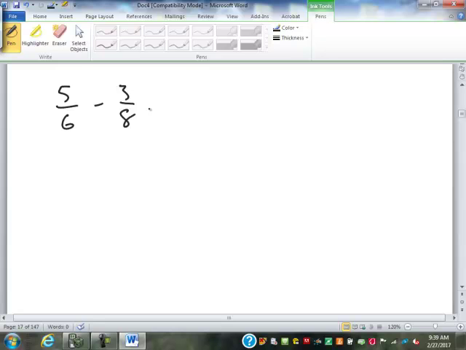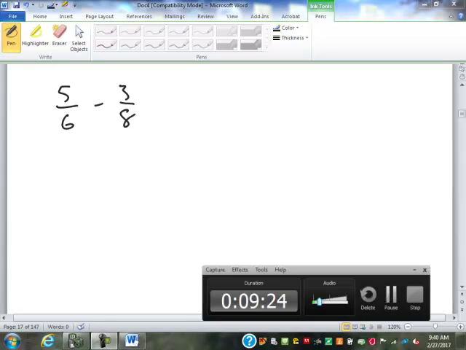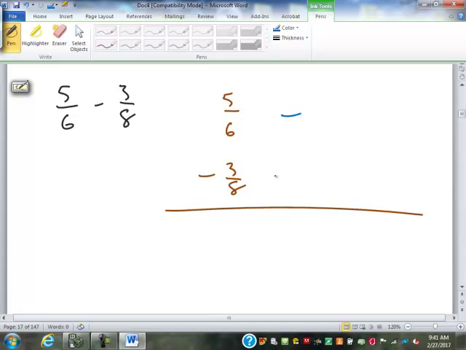In your notes, I want you to try 5 6 minus 3/8. See what you come up with. What's our common denominator going to be here? 24. You could have also used 48. That would work. What's going to go up here? 20. Very good. So 6 times 4 made 24, so 5 times 4 is 20.